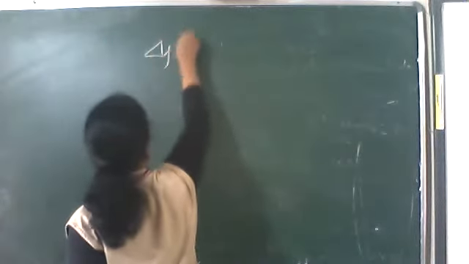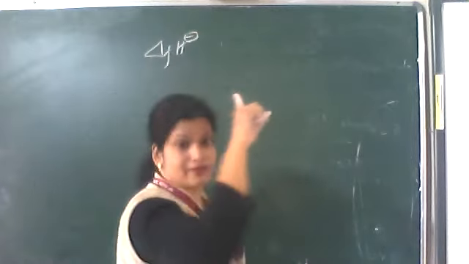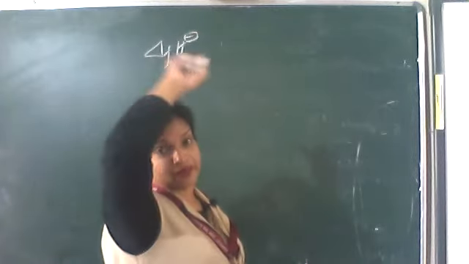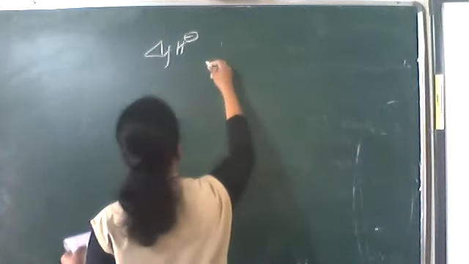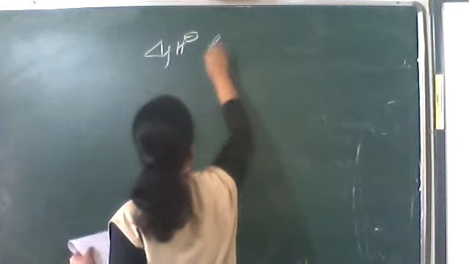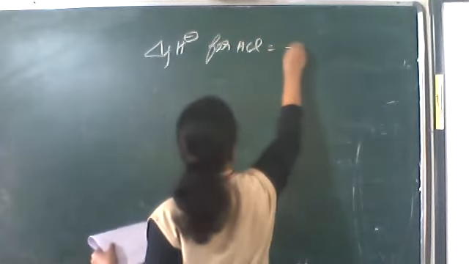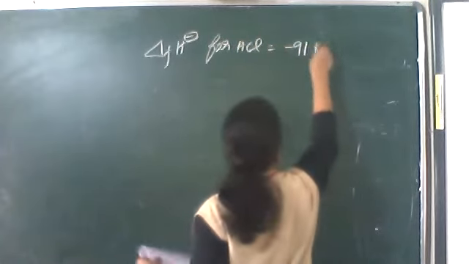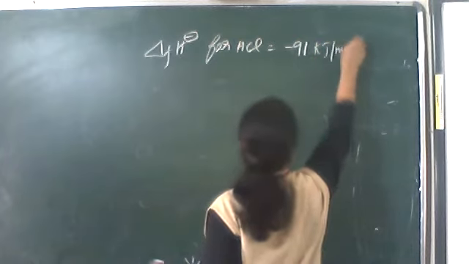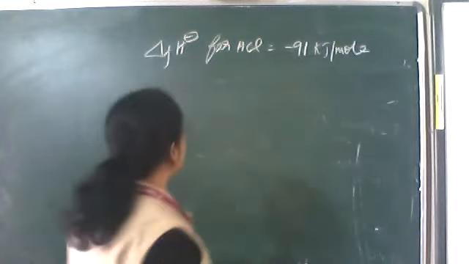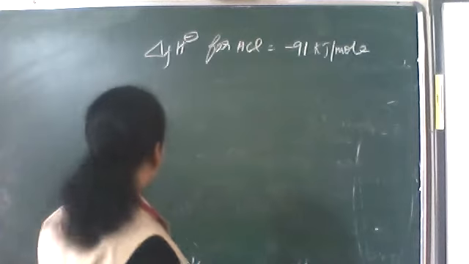Delta fH standard means this is the formation value, what we learned in previous classes. Delta fH standard for HCl is minus 91 kilojoules per mole. What is meant by delta fH standard for HCl?